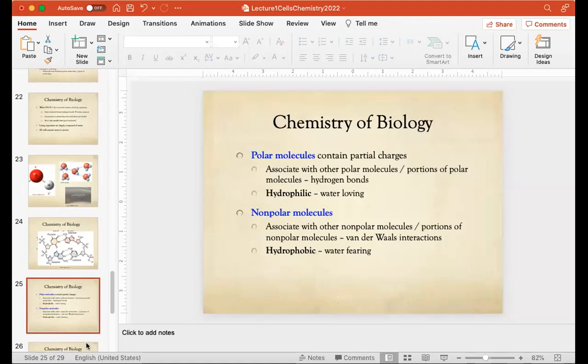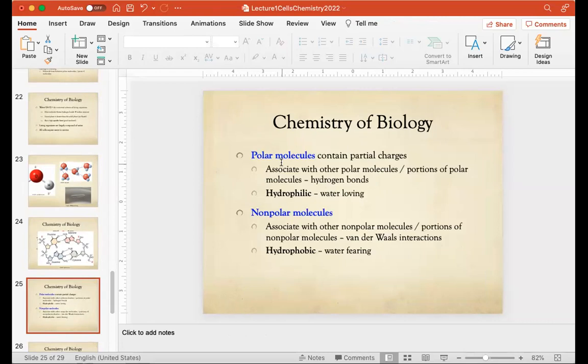Polar molecules contain partial charges. They like to associate with other polar molecules. They like to form hydrogen bonds with other polar molecules. We've said that. Now, remember this. The most universal solvent on this planet is water.